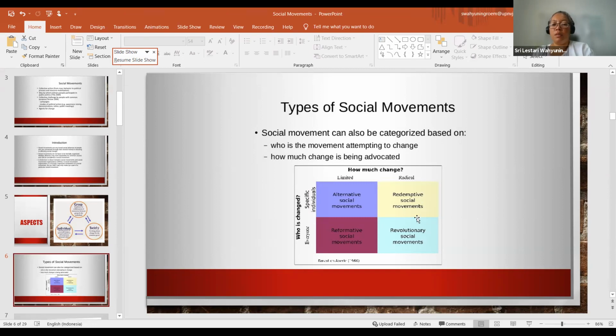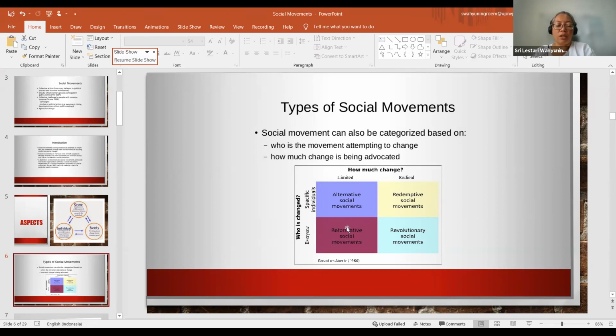So in between these boxes, you can see that when the target for change is specific individuals and you have limited change, you have an alternative social movement.